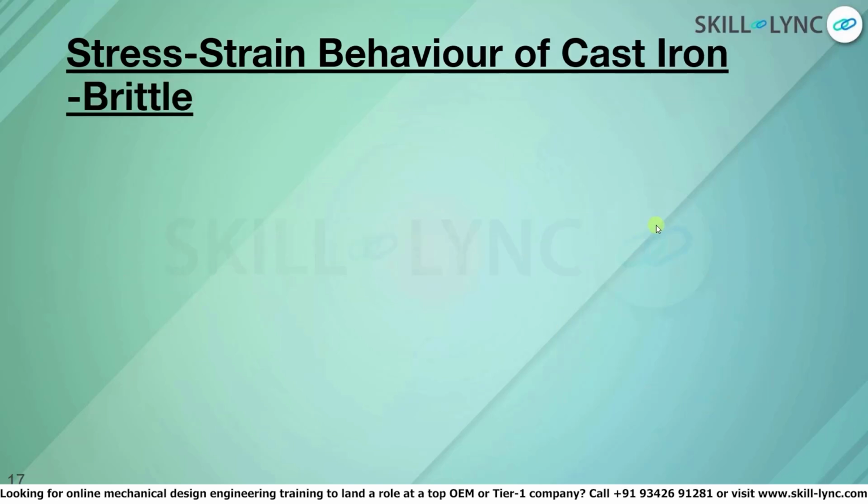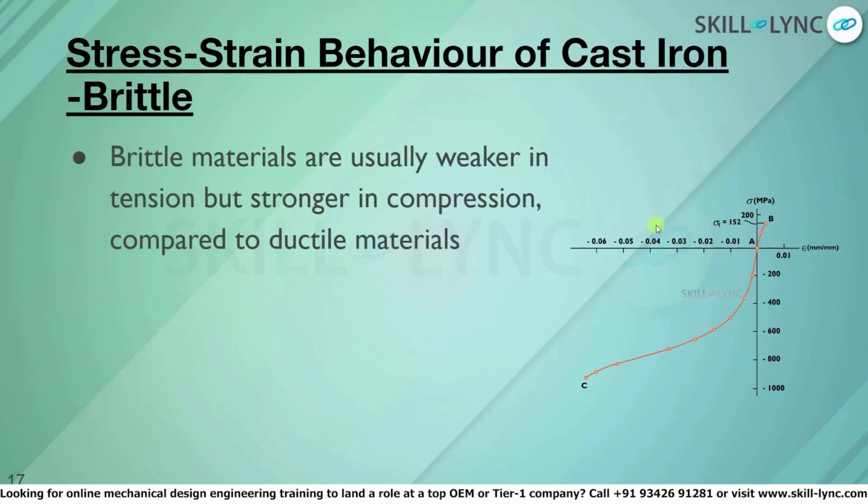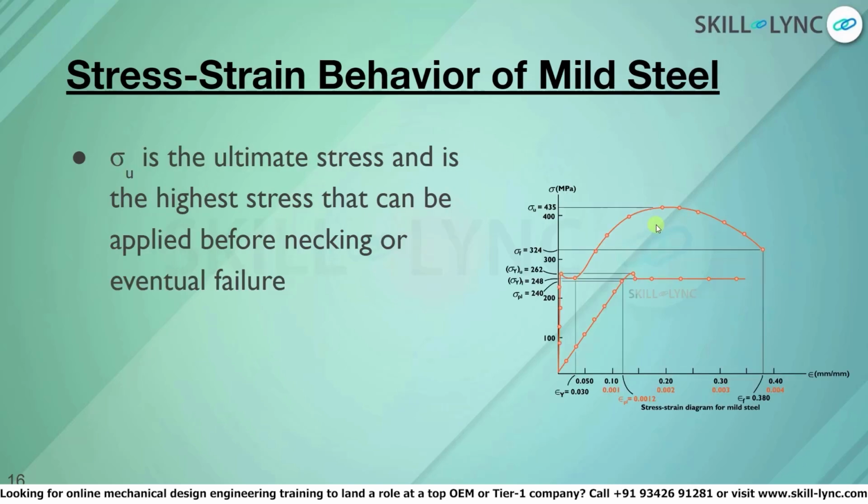Now, in the same way, we have the stress strain behavior of cast iron, which is a brittle material. Also, we have to keep in mind that there are some unaccounted loading conditions, which we can call impact loading. One main example of impact loading would be natural disasters, for example an earthquake, tornado, or hurricane hitting buildings.